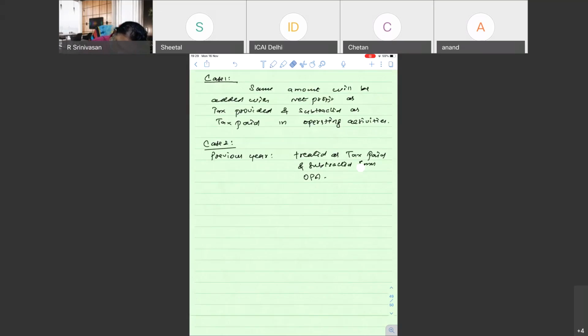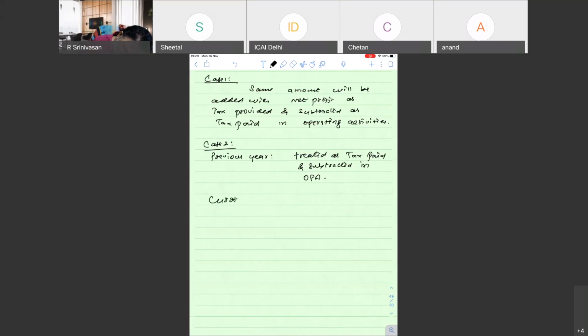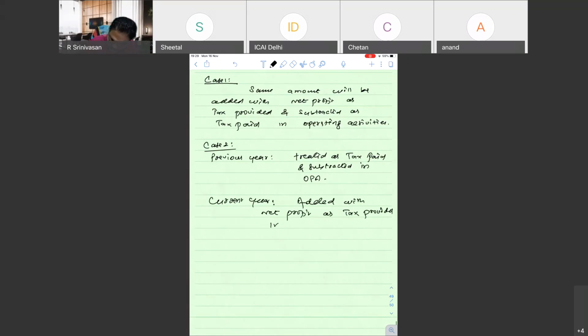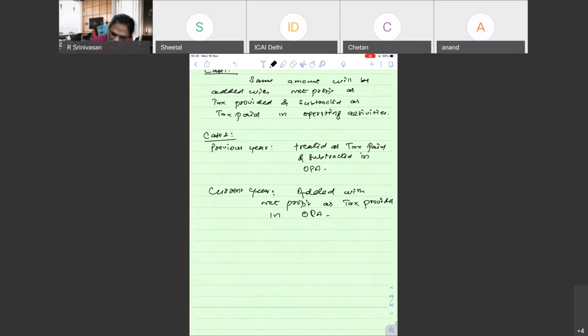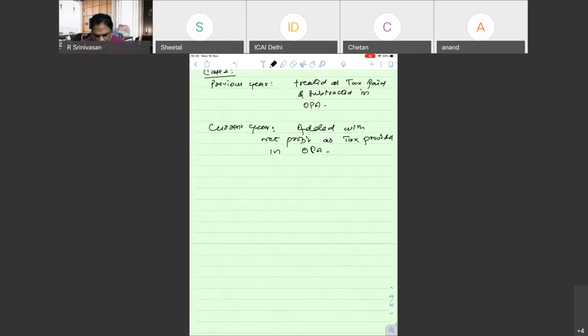The current year amount is added with net profit as tax provided in operating activities. Why should we do it this way?